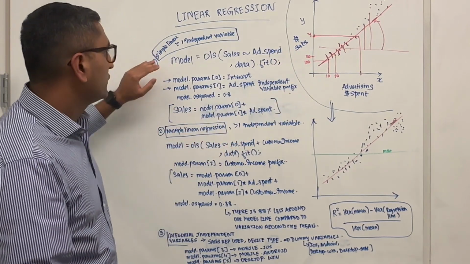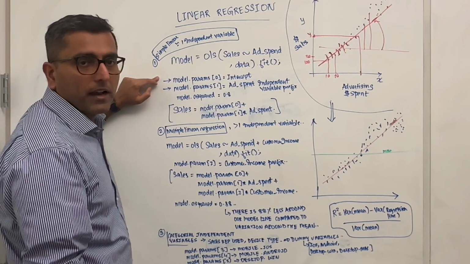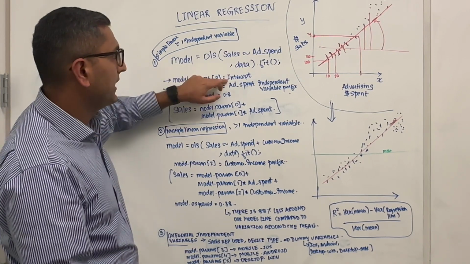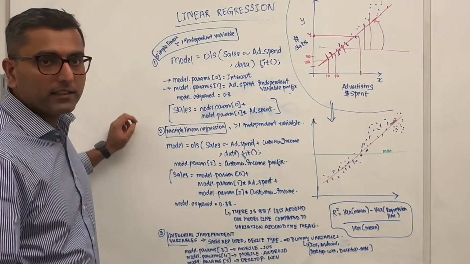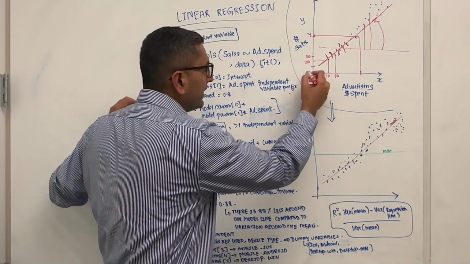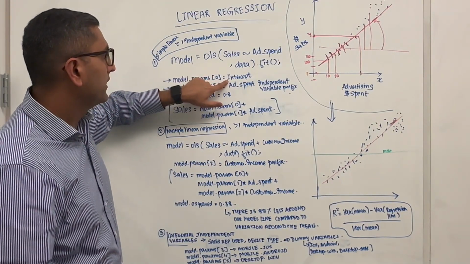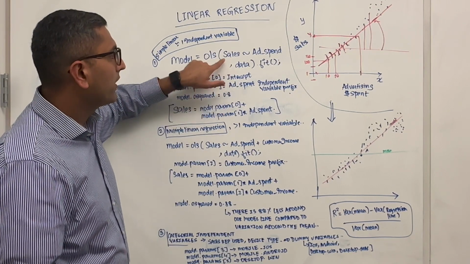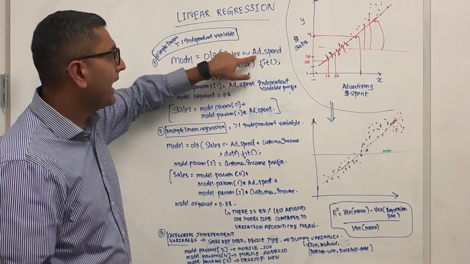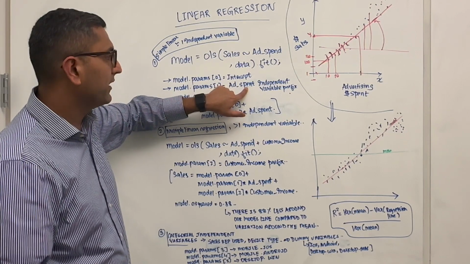So when we build this model, we get the first parameter, model parameter 0, as the intercept, which basically tells us where this line is intercepting. It could be here, it could be somewhere here, wherever that is. So that's your intercept. Model parameter 1 would be the coefficient on the ad spend variable, because that's what you're using as your independent variable.